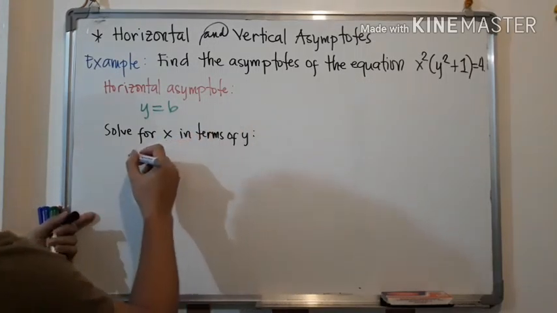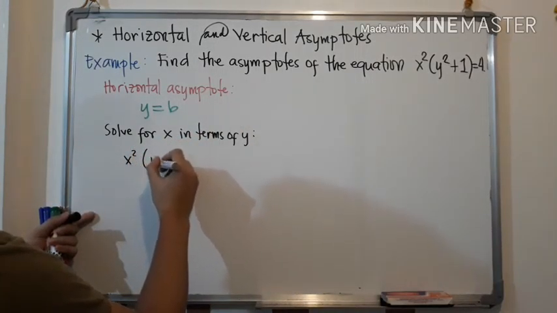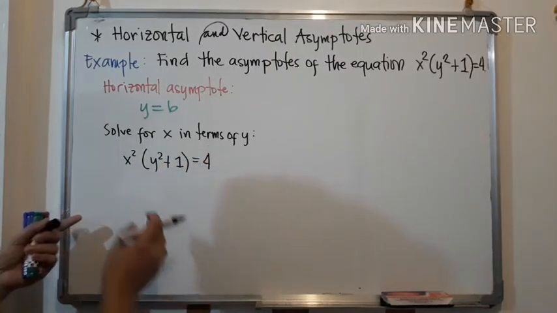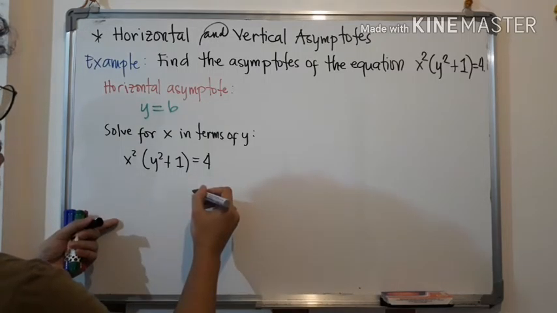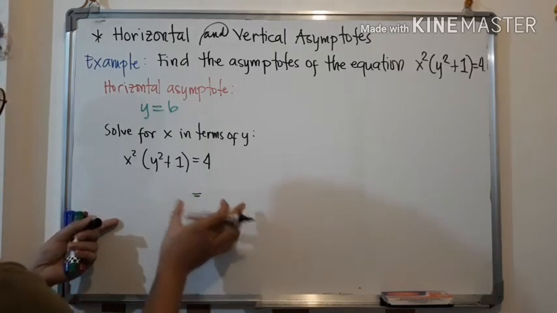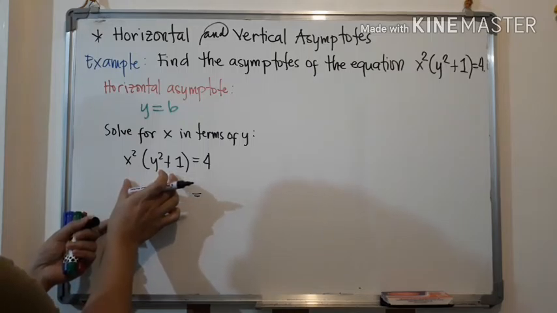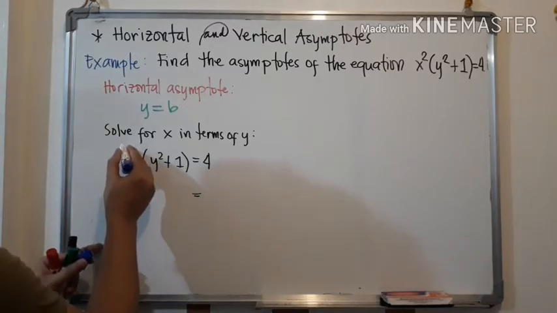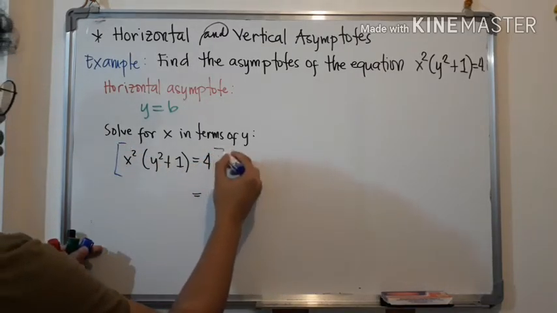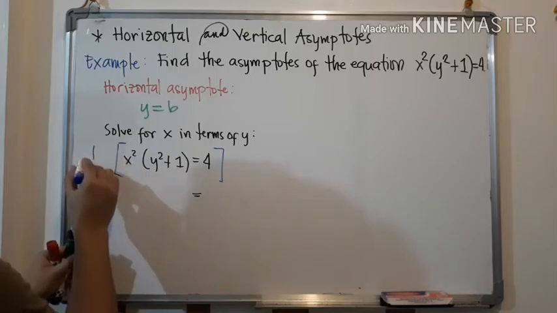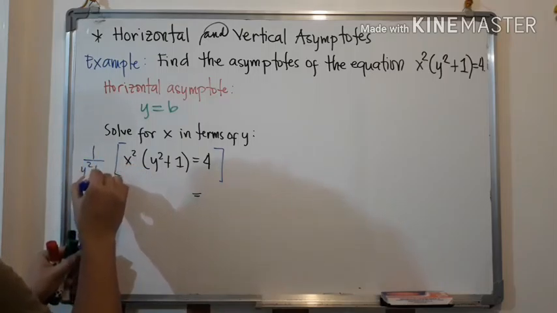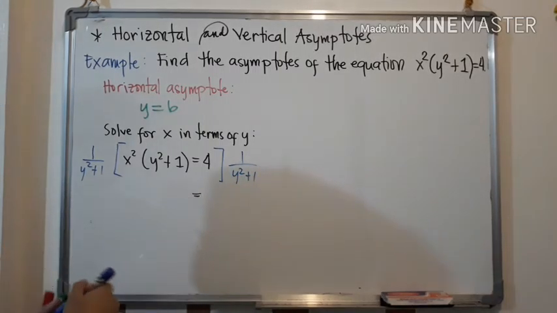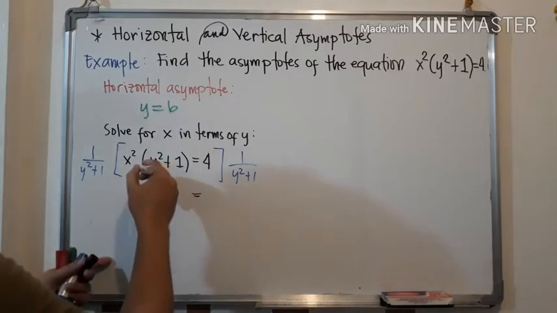So we have the equation x squared times (y squared plus 1) equals 4. We solve for x in terms of y. Multiplying both sides of the equation by the expression 1 over y squared plus 1, this will be cancelled.